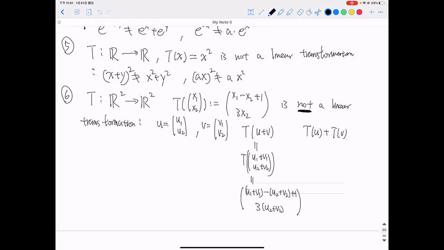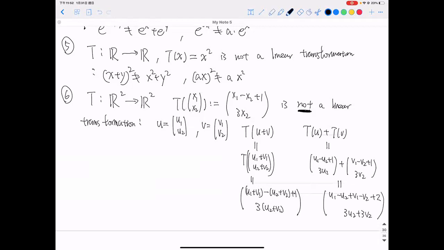Now Tu plus Tv is (u1 minus u2 plus 1, 3u2) plus (v1 minus v2 plus 1, 3v2). We can calculate the sum of these two vectors: (u1 minus u2 plus v1 minus v2 plus 2, 3u2 plus 3v2).